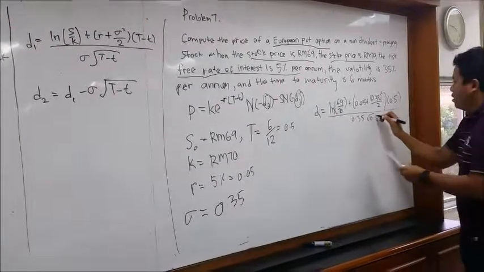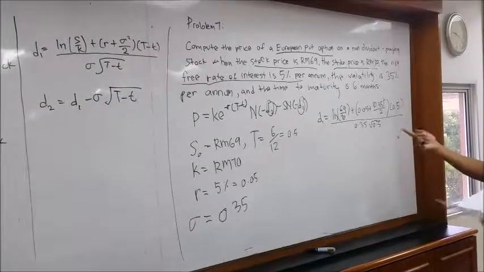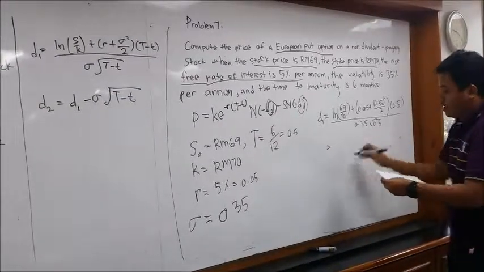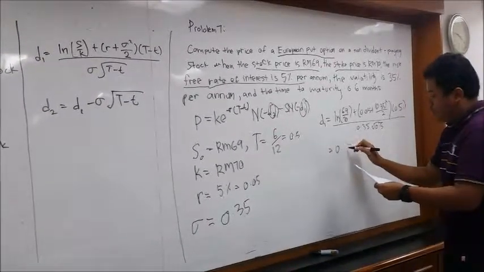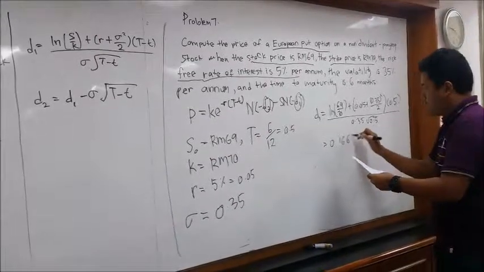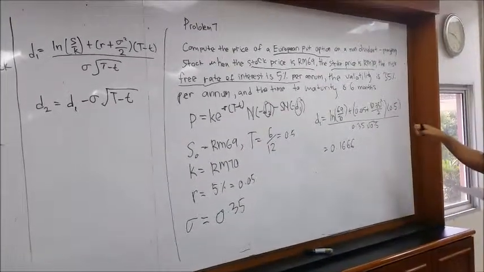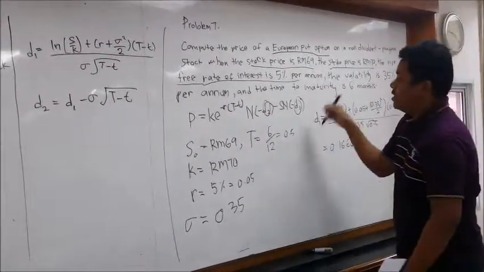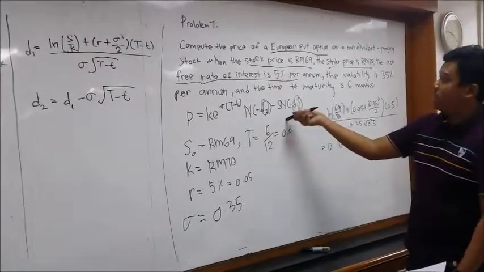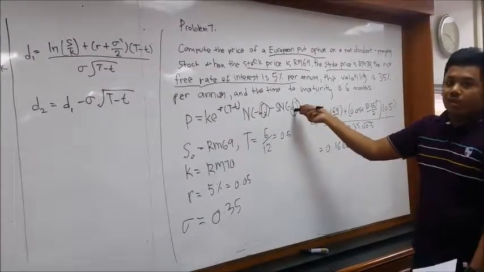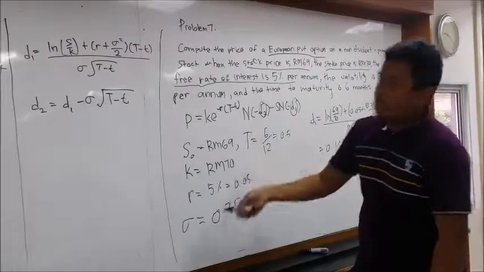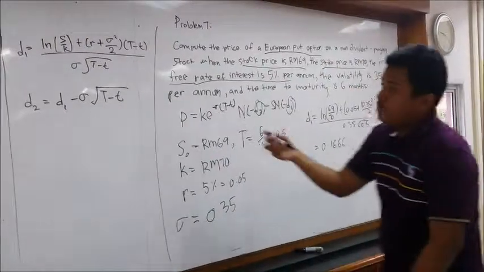Then you calculate it using a calculator, and the answer for the D1 is 0.1666. As you can see here, the put option is not complete yet. We have the D1 but not the D2. So we use this formula for D2.